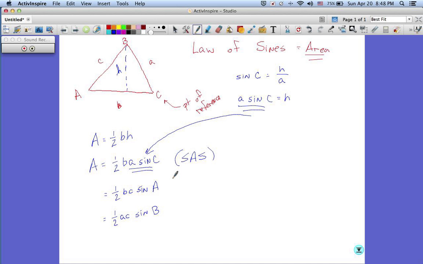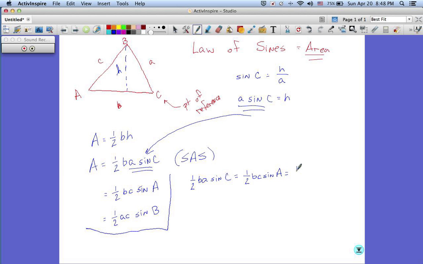One last piece to the law of sines here. These are all areas of the same triangle using a different angle as a point of reference. So it stands to reason that all three of these should be equal to each other.